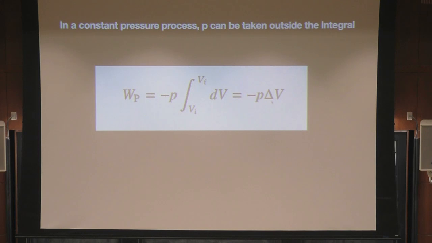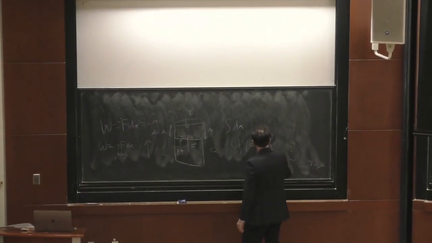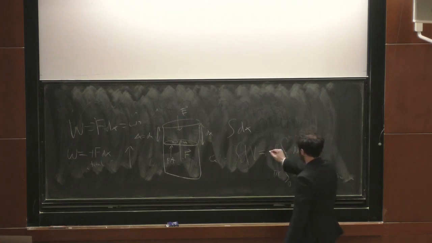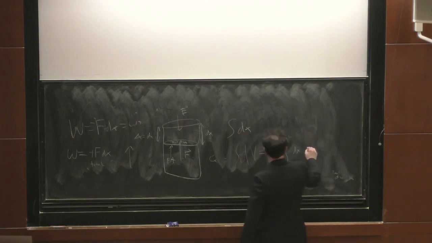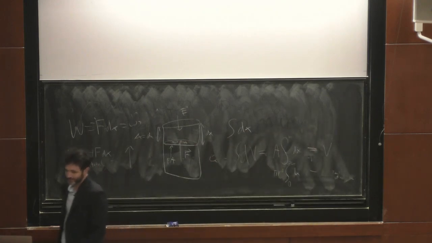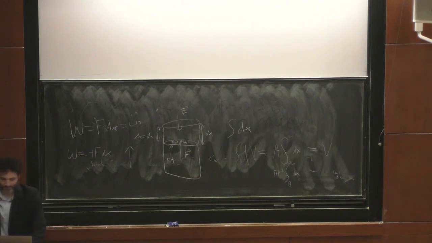And if my area is constant here, which it always is for a piston, this simplifies further, because then the integral of dV just becomes the area taken outside the integral. It's pi r squared, but none of that changes. And then the integral of dx from 0 to L, times A, gives my volume. So that's where that comes from.